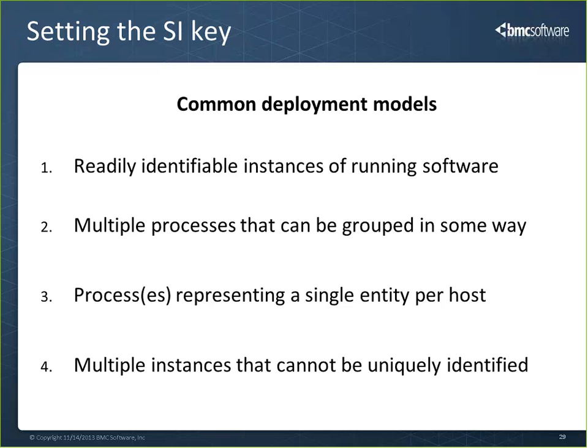In this case, it would make sense to let ADDM create an implicit grouped key and not try to create an explicit SI key. You can see examples of all of this in the various TKU patterns and also in the templates themselves.